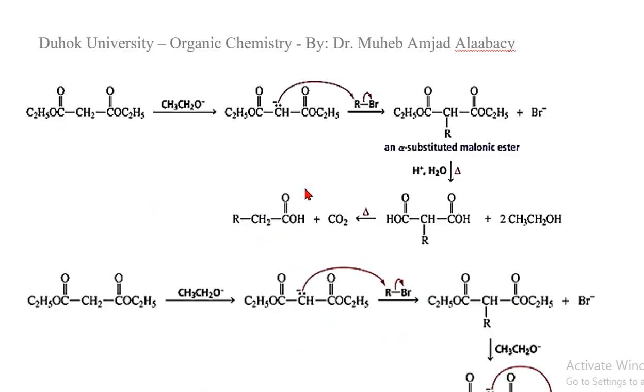This is for you. The same thing here. If you look, I already solved this homework for you. It will attack here to make the R group. With hydrolysis, both of them are converted to carboxylic acid, and with heating, one of them loses CO2, from this side or from this side, no difference, to give you the product.